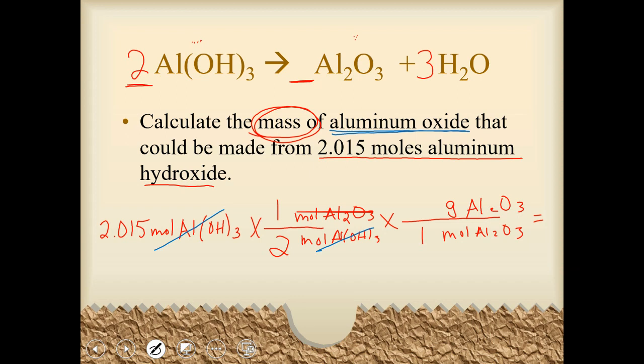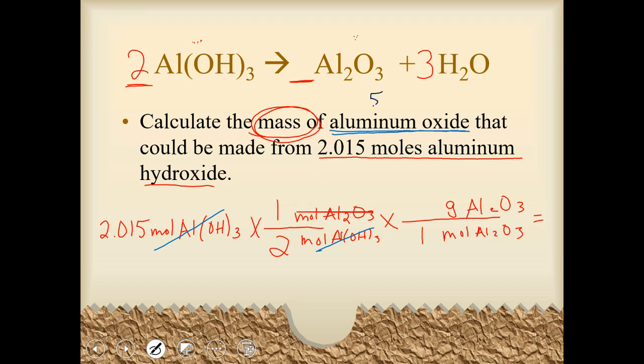We know that 1 mole aluminum oxide is equal to, add it up. You got to take 2 aluminums plus 3 oxygens. Look those up on the periodic table. Each aluminum is 27.